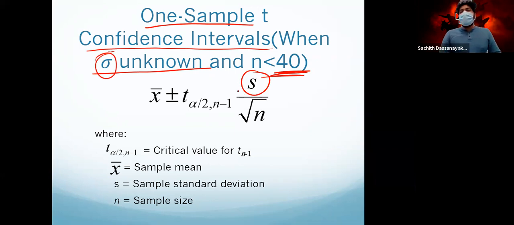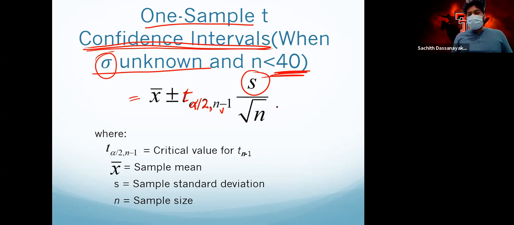This is very similar to what we derived last time. X bar plus or minus. Right now you don't have a Z value, you have a T value. T alpha over 2. Why alpha over 2? Because we are dealing with a confidence interval. This is the alpha value and this is the degree of freedom, simply V, n minus 1.